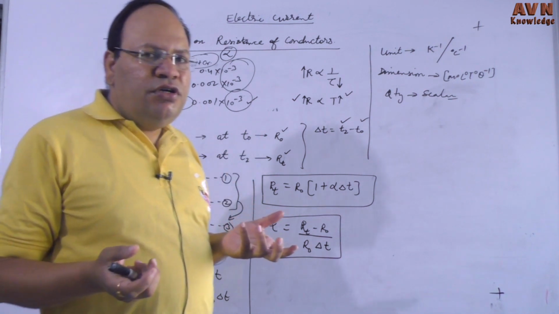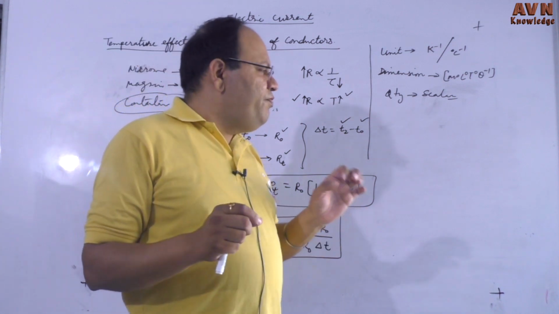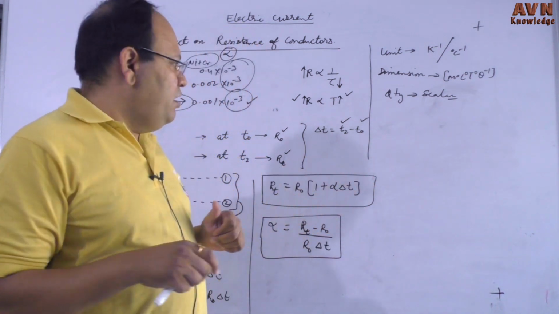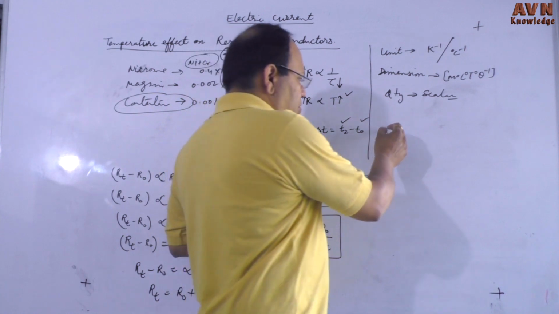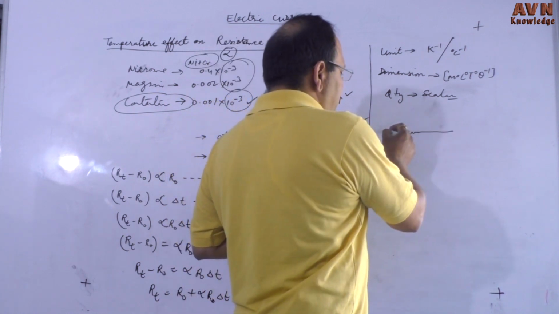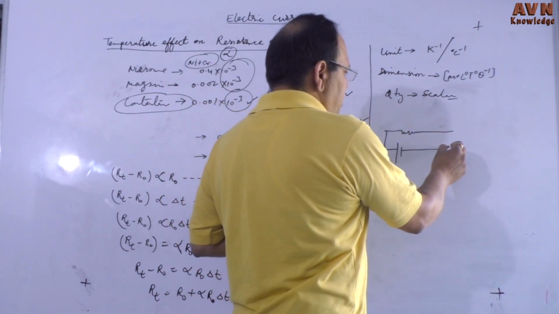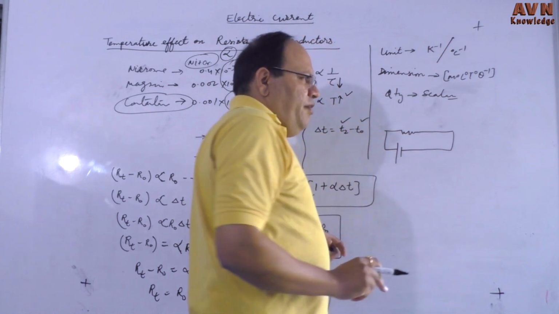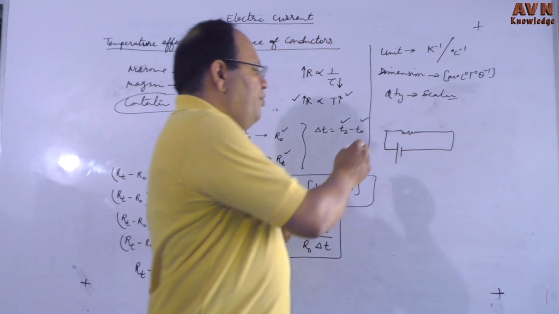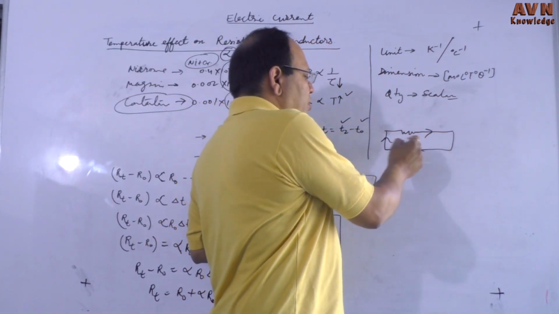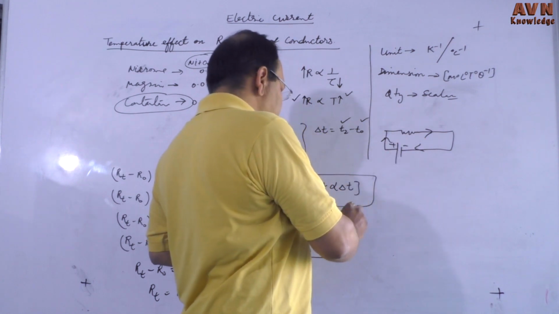Why is it used? Because when we flow current in the conductor, suppose this wire is constantan and another wire is copper, what is the effect of the temperature coefficient?